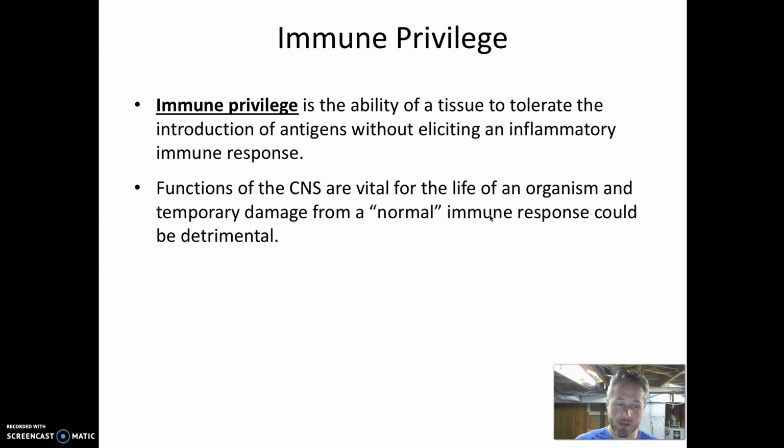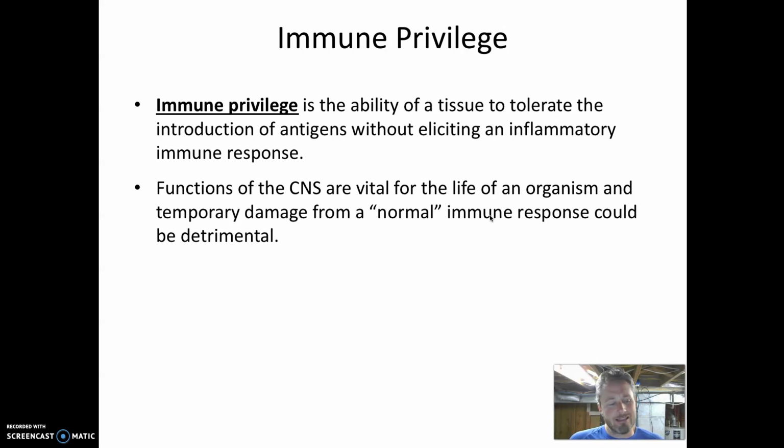So if you got inflammation in the brain, you could lose control of breathing and you could die. So evolutionarily, we have removed that inflammatory response from our central nervous system so that we don't suffer these ill effects of inflammation in this tissue. And again, we call that immune privilege. So it's a special privilege that this very important organ system has, and other organ systems don't have this privilege, avoiding inflammation.